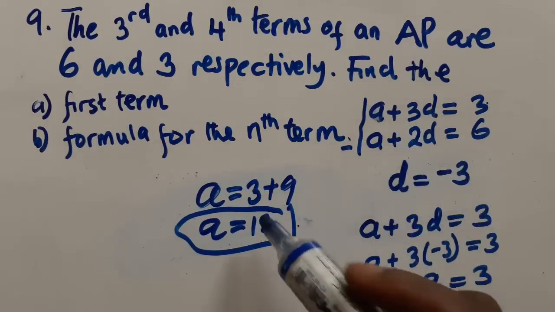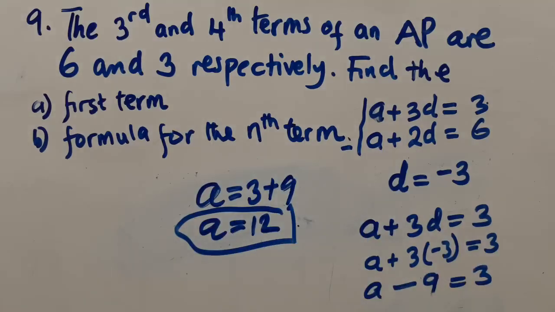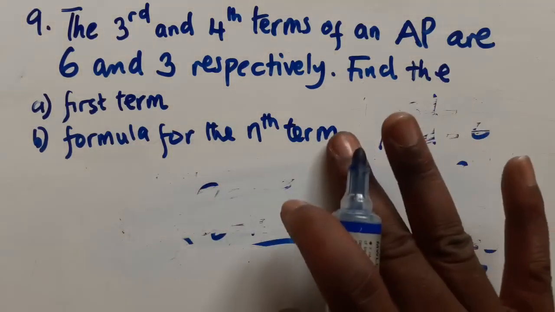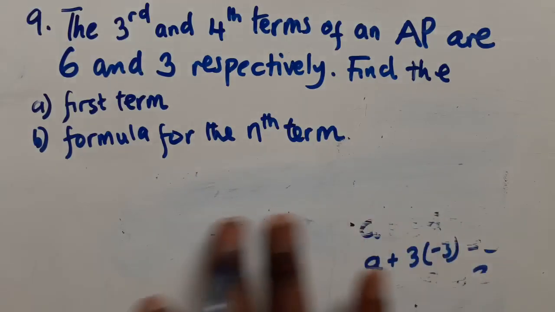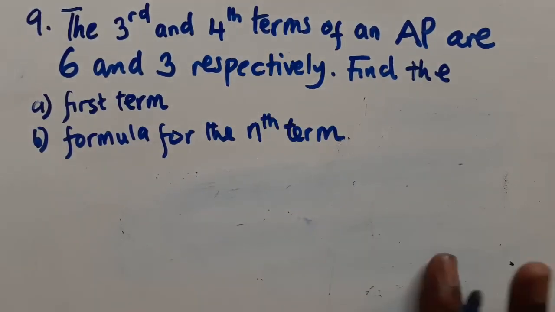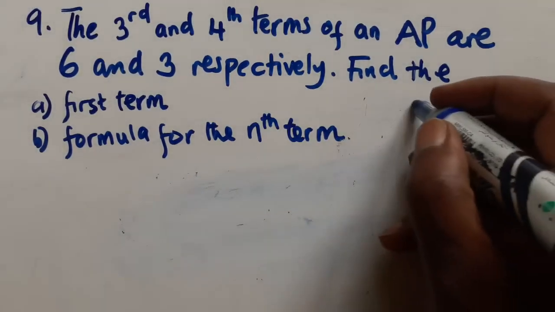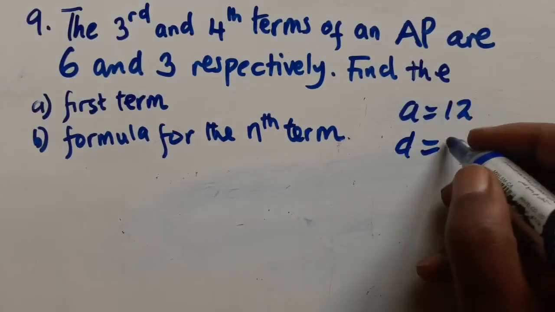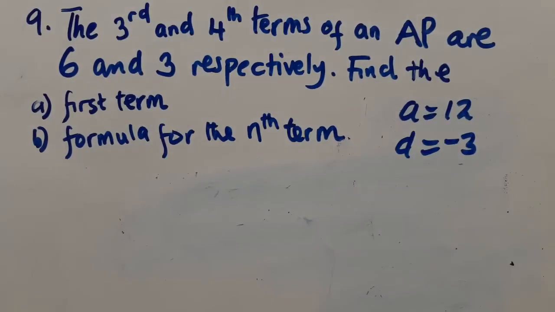For the first term, the answer is 12. A is equal to 12. The common difference, although they haven't asked us, is equal to negative 3.